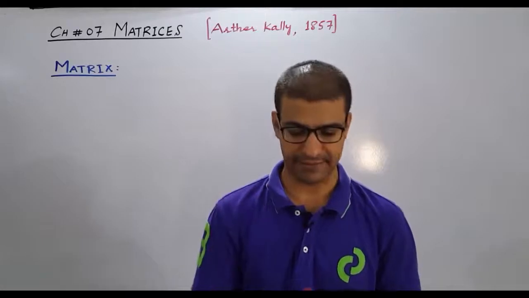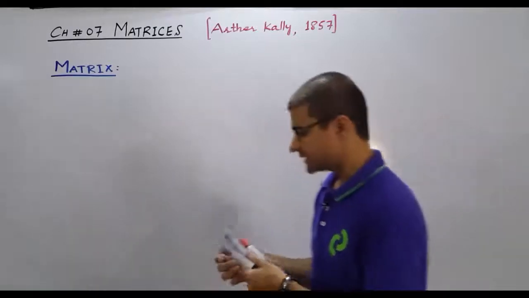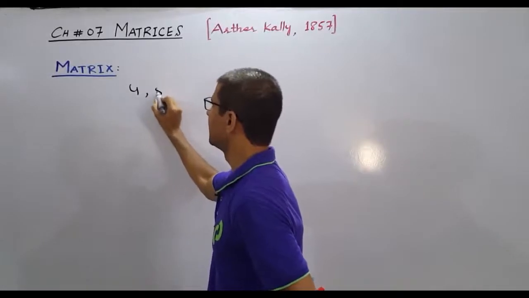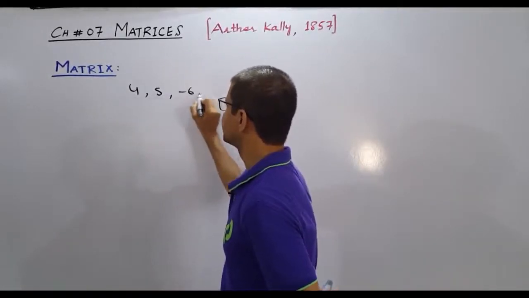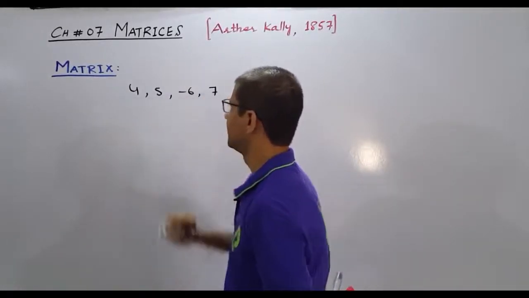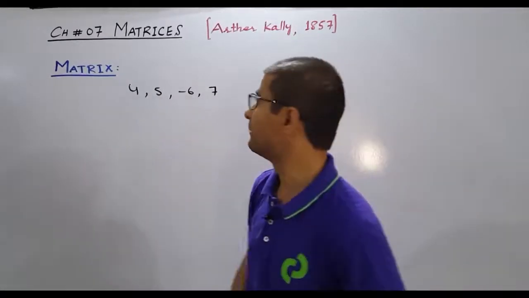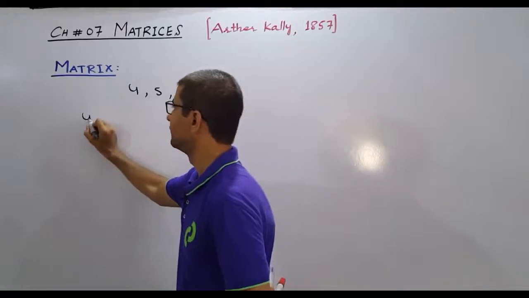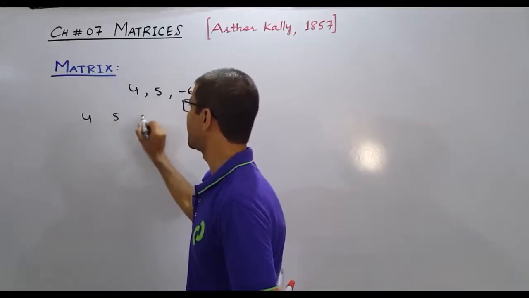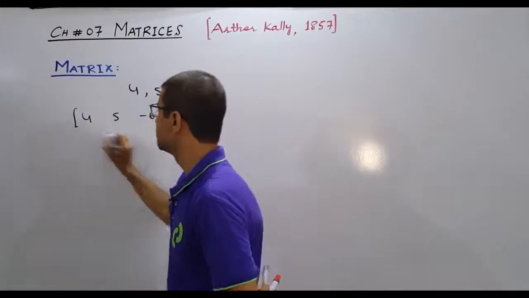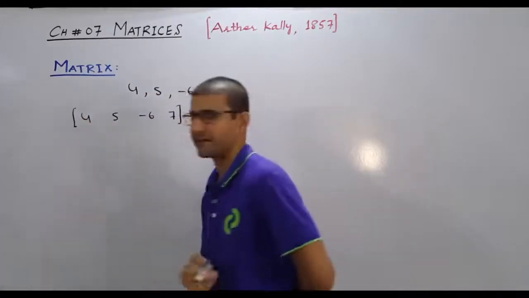What is matrix? For this I am going to consider 4 numbers. Let's suppose we have 4, 5, -6 and 7. If we arrange these 4 numbers horizontally, 4, 5, -6, 7, then this is known as matrix.